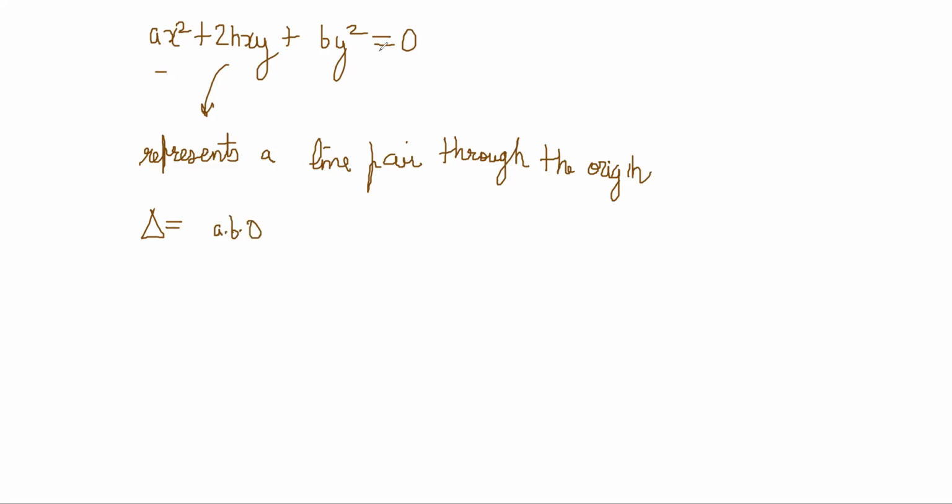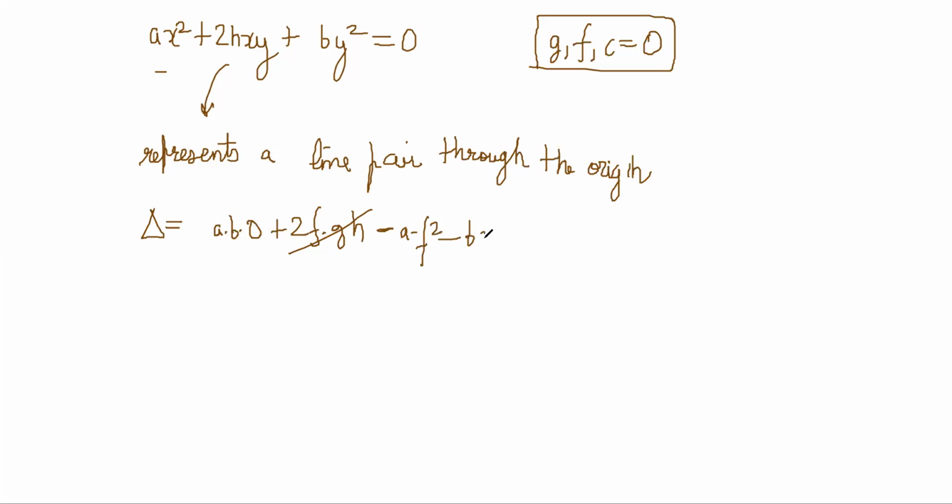There is no C. Here G, F, C are 0. Plus 2 F, G, H, so that is entirely vanished. Minus A into F square minus B into G square minus C into H square, everything disappears. So this equation will always be a line pair, because del is always 0.